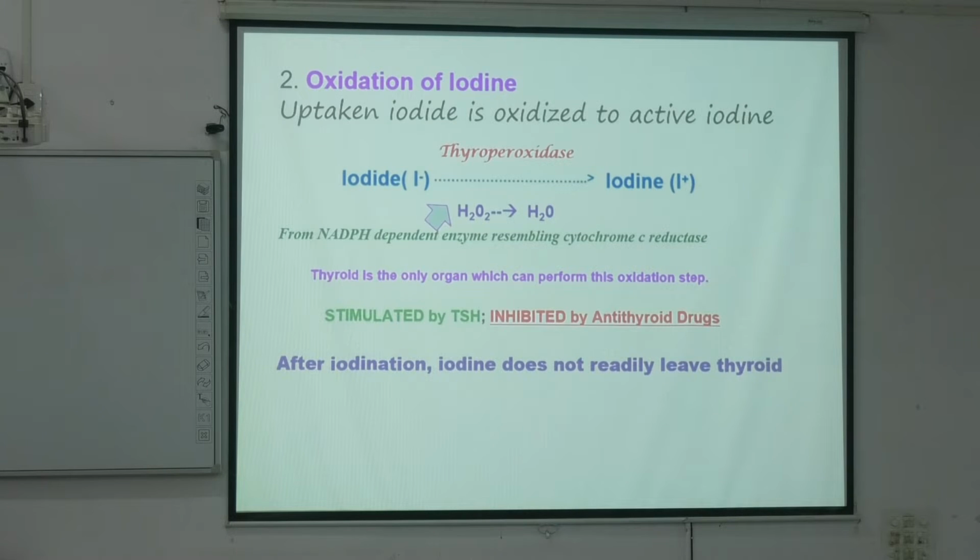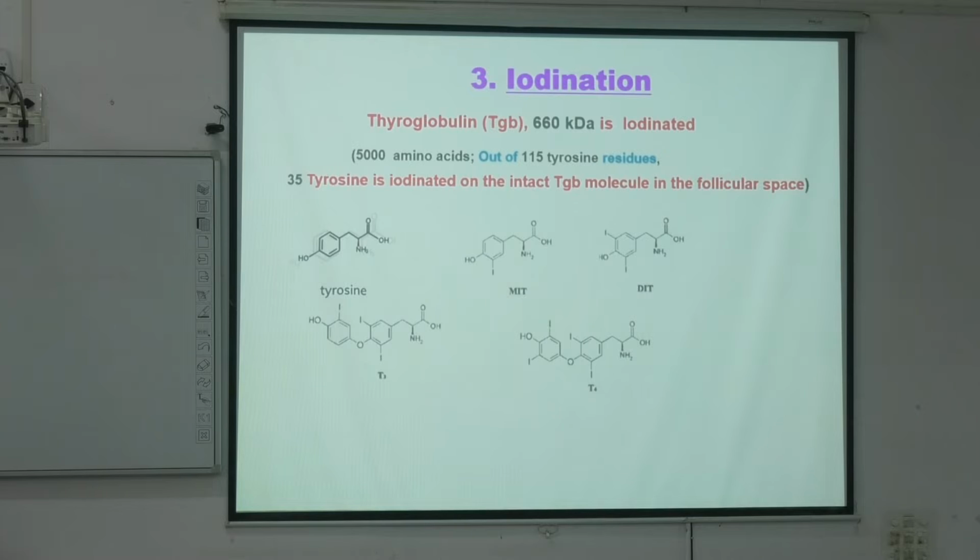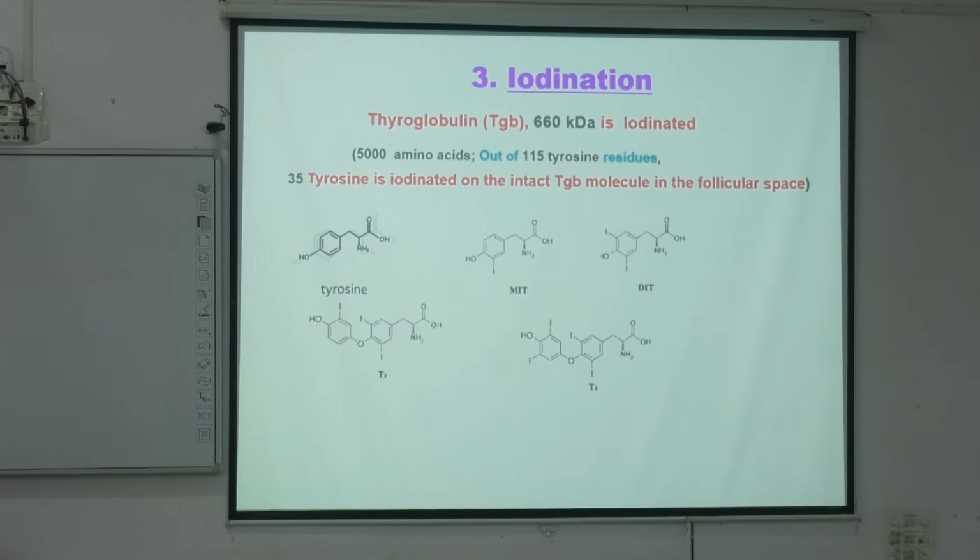Next, iodination, this is another step. It is the thyroglobulin molecule which is iodinated. It is a 660 kilodalton protein, a large protein having 5000 amino acids with 115 tyrosine residues, and these tyrosine residues get iodinated.